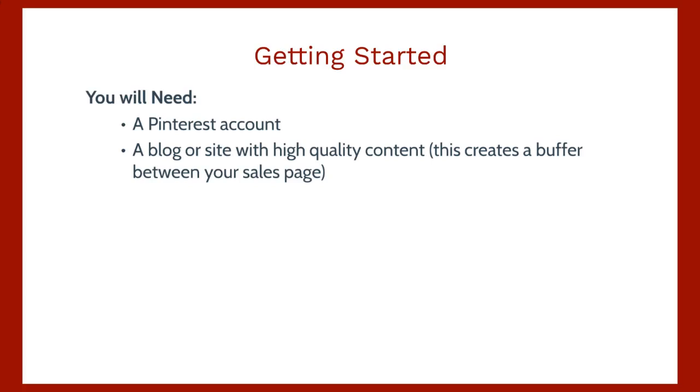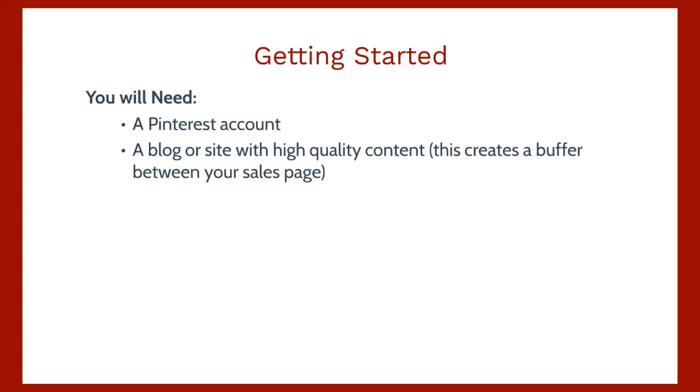If you don't have one right now, that's totally fine, but you will need one, because you don't really want to direct people directly from your image to your sales page, because people don't know you. People are still warming up to you. We'll show you a little bit more in terms of the funnel and how to set up your marketing campaign and all of that.